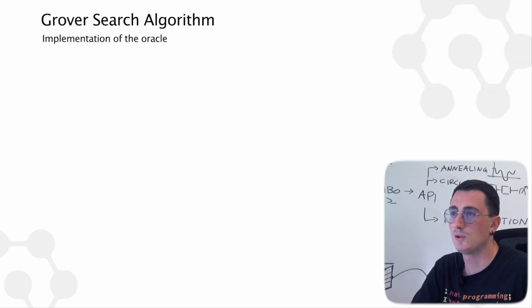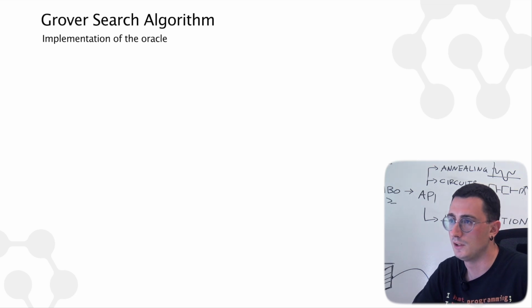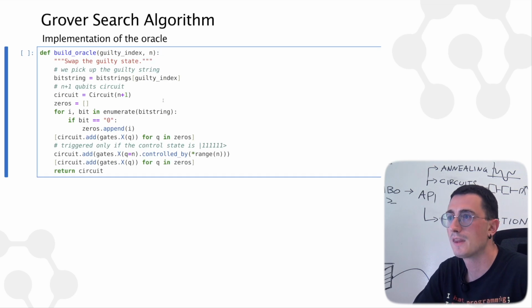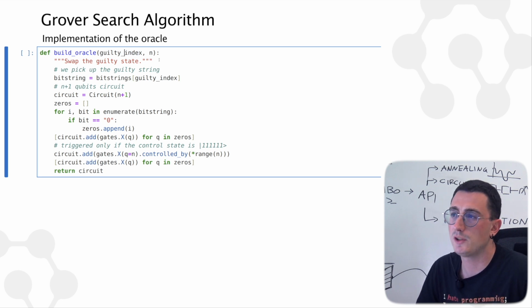Now we can have a look at the implementation of the oracle we just introduced. So what we have is a function which takes as arguments the guilty index and the number of qubits. This is useful because from the guilty index we are going to compute the bit string, and then we are going to check in which positions we get a 0 in order to reconstruct a state that actually is going to trigger the multi-control gate in the way we like.